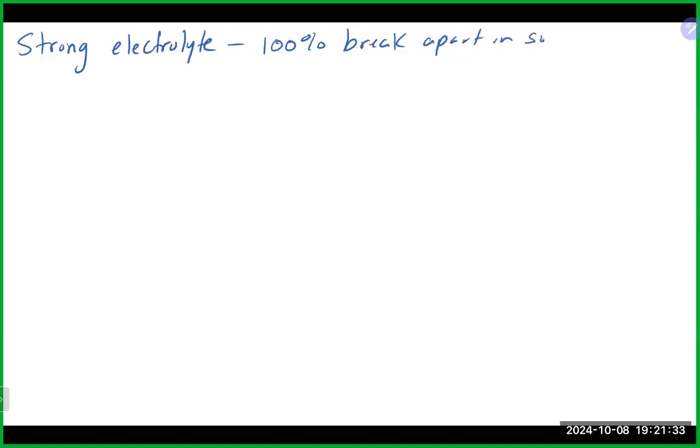We have a strong electrolyte. And a strong electrolyte will 100% break apart in solution. So if you have something that's considered a strong electrolyte, in the actual solution, you will not have the whole unit still together. If you had a sodium chloride solution, it would break apart into sodium ions and chloride ions.